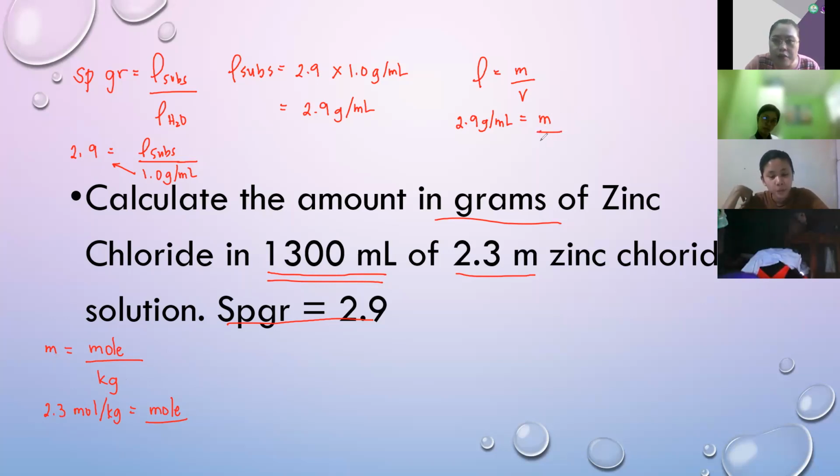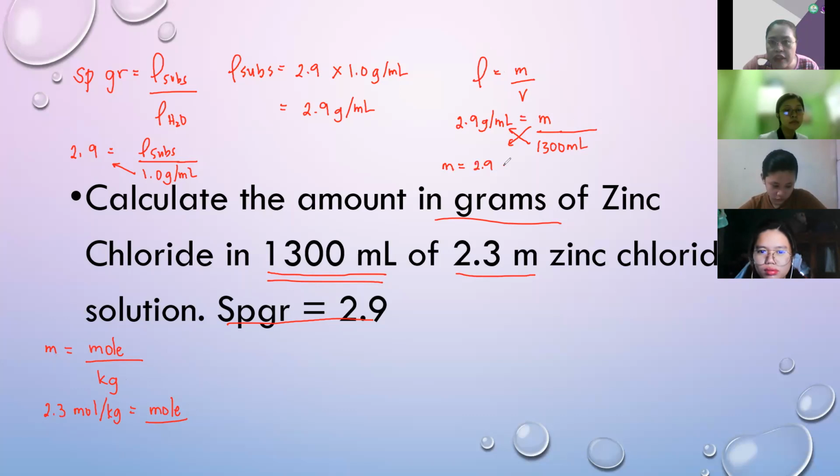So the volume here is 1,300 ml. This is for the zinc chloride. So you cross multiply, and the mass is equal to 2.9 grams per ml times 1,300 ml. Cancel the ml, and grams remain.